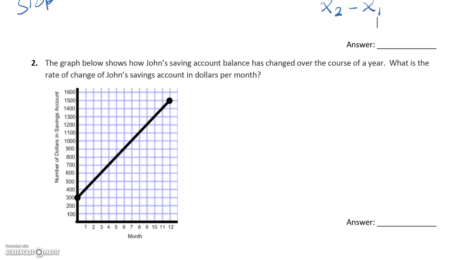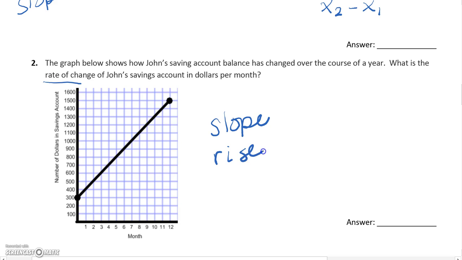Okay, this one, the graph below shows how John's savings account balance has changed over the course of a year. What's the rate of change of John's savings account in dollars per month? So once again, we're talking about slope. So when you're given a graph, you need to do rise over run. So that means we have to draw a slope triangle.